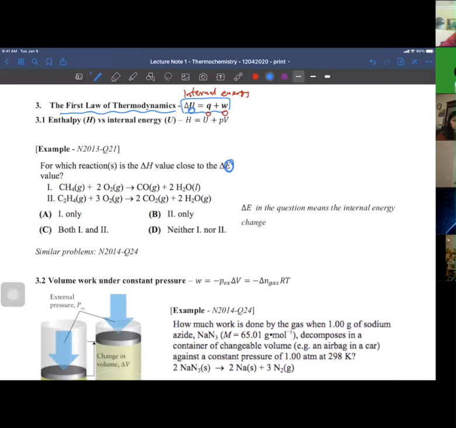And then finally, we can talk about the definition of the enthalpy. The enthalpy is defined in this way. This is the definition, so don't ask me why. When it was invented, it was defined in this way. H is defined as the sum of the internal energy plus the pressure times the volume. So U plus PV is the enthalpy.